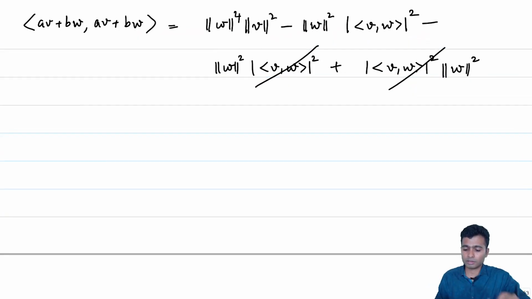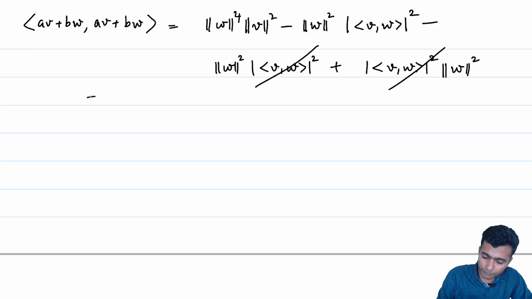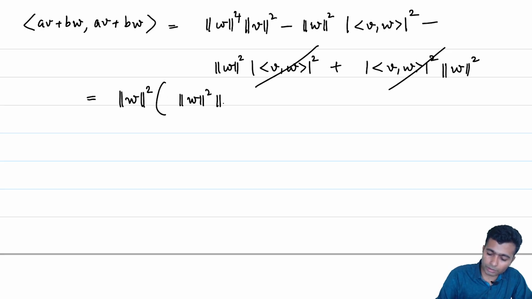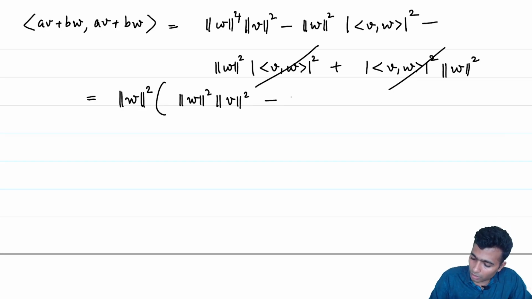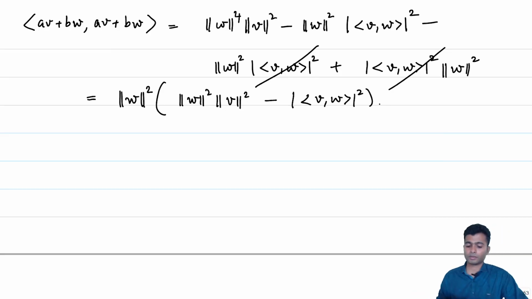And what remains is length of W square times the quantity length of W square times length of V square minus the absolute value of the inner product of V and W square.